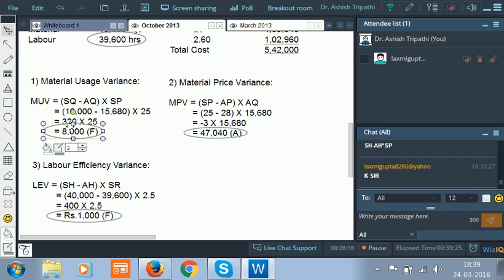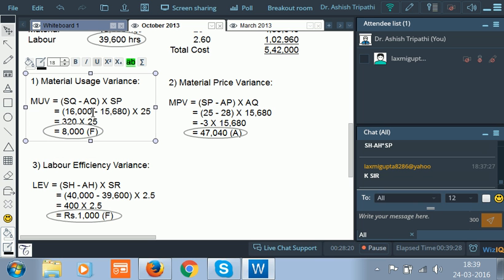Rupees 1,000. Now here also let me modify the answer which we got, otherwise we will lose marks.